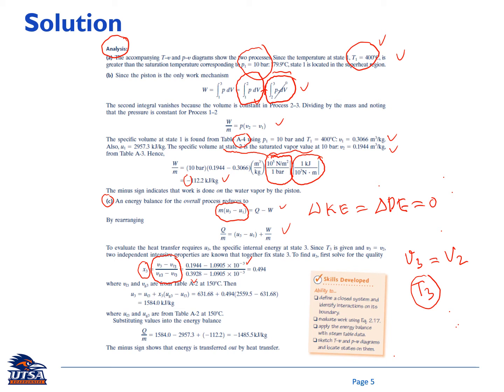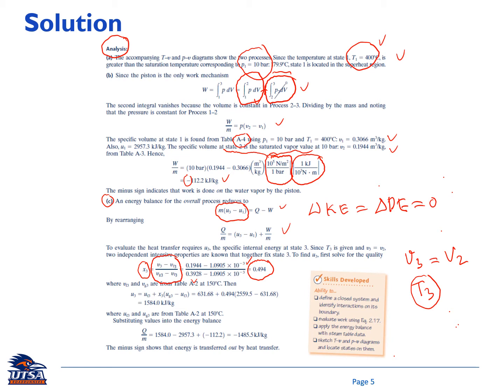If you plug in all the values, you will have the quality at state 3 equal to 0.494.